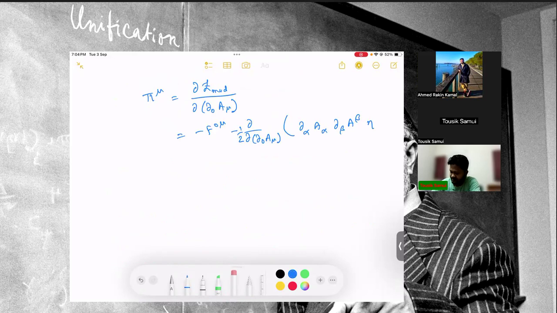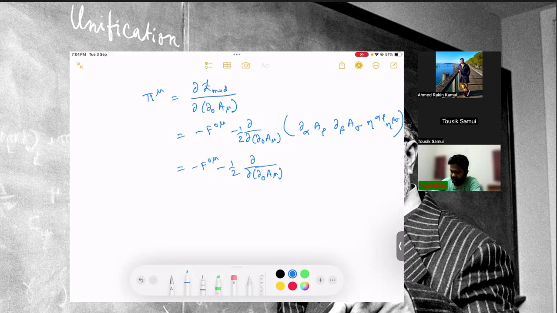Let me introduce that eta metric, η_{αρ}. So this is fine. And then in order to lower this one, let us introduce another eta, which is η_{βσ}. So this is nothing but −F^{0μ} minus half ∂/∂(∂_0 A_μ) of the term.